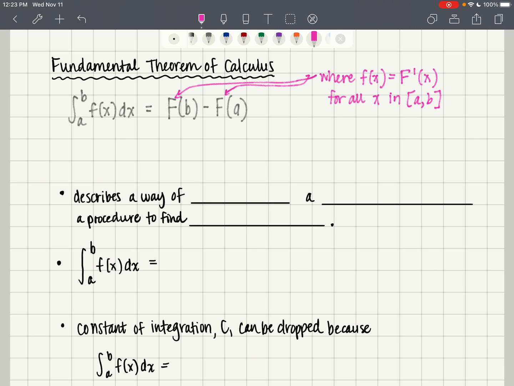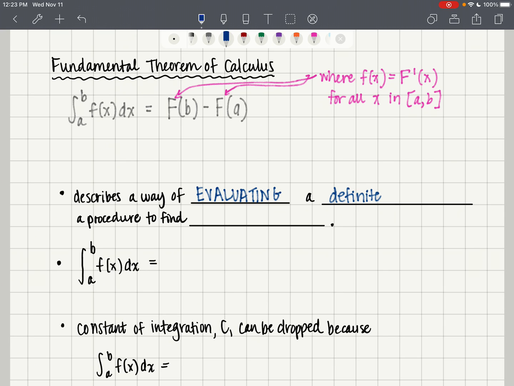This fundamental theorem of calculus describes a way of evaluating. So how we found that numerical value, it's a way of evaluating a definite integral. A definite integral just means from a specific range of values, and the range of values in this case is from a to b.